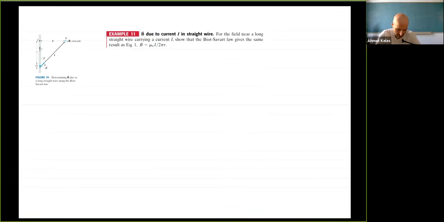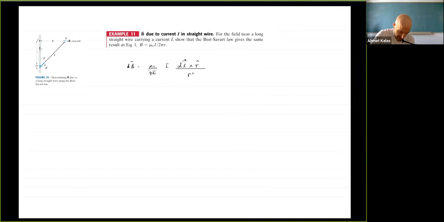So let's start. dB is equal to mu 0 over 4 pi, and the current times the, okay, this looks like a cross product, so this is dl cross r divided by r squared.